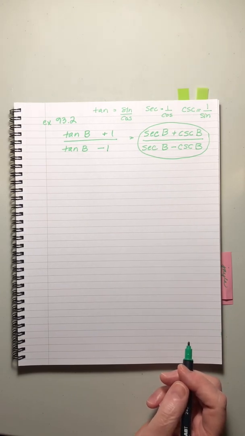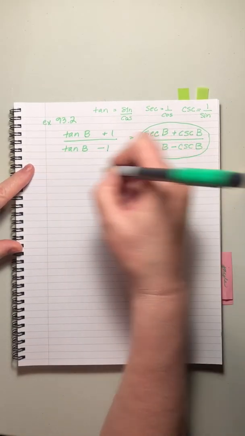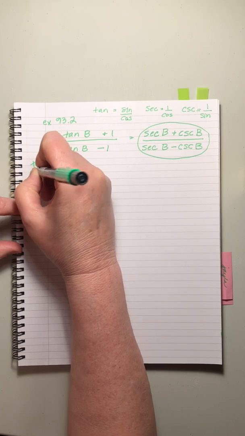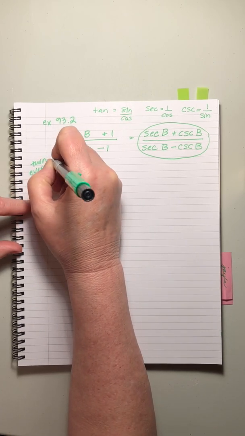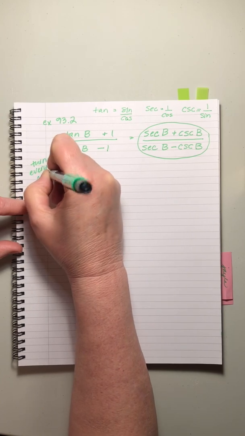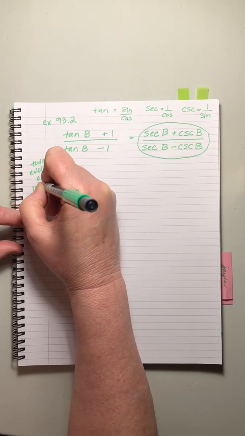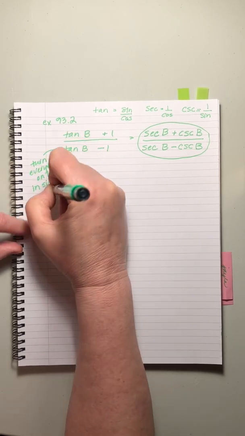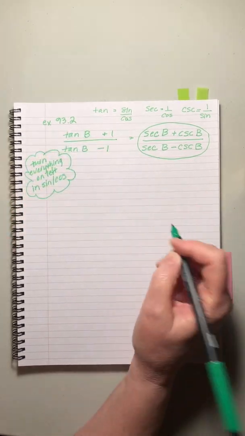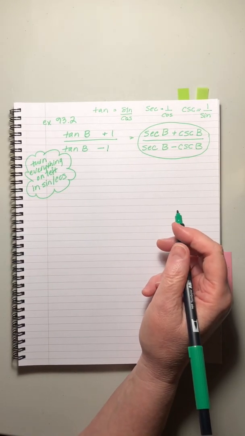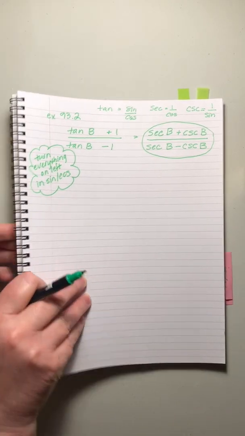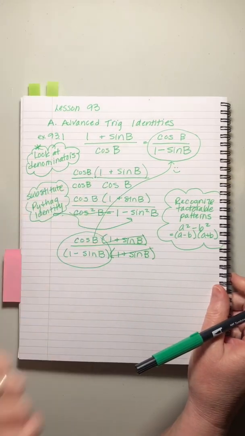Okay, now, one of the rules that we also talked about in the past was turn everything on the left-hand side into sine or cosine. Simplifying it makes it a little bit easier to reshape it, okay? And I think last time we had that, right?